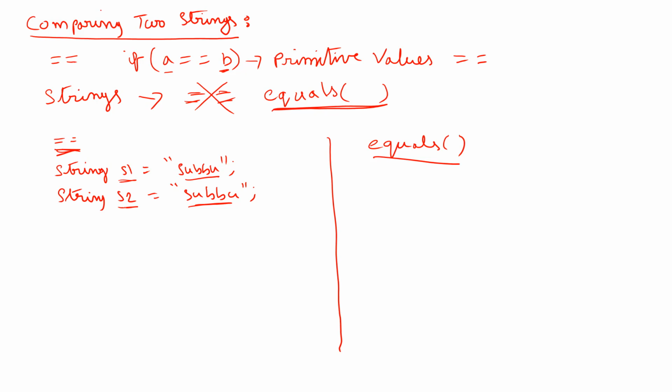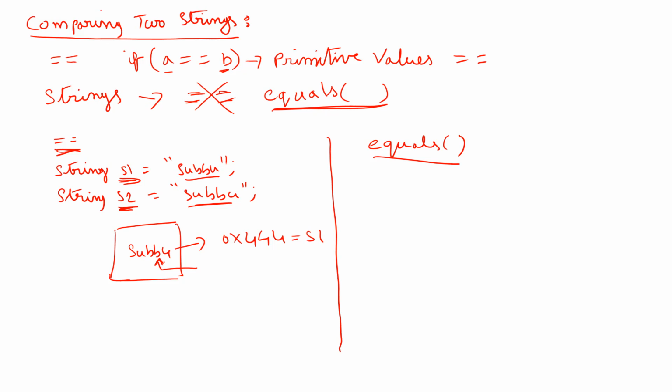In this case, what happens? In the memory, so let's say this is the memory. In the memory, first Subbu will be created. And let's say the reference point for this one is 0x444, something like this. So S1 will be assigned this value. And when we are creating any string with a string literal, then first it comes to the memory and checks if there is a string already available with the same value.